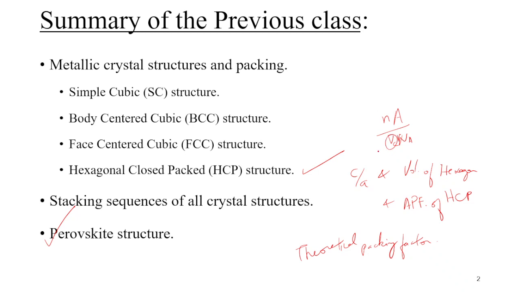Vc is the volume of the unit cell, and Na is the Avogadro number. Sorry, not theoretical packing factor, it's theoretical density.